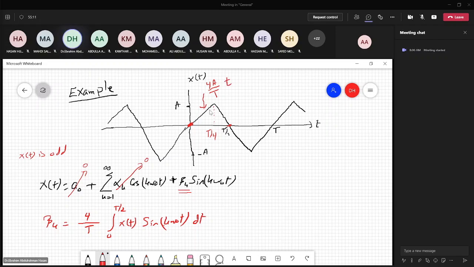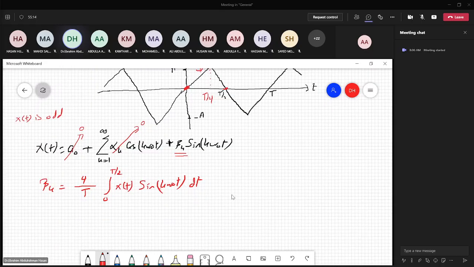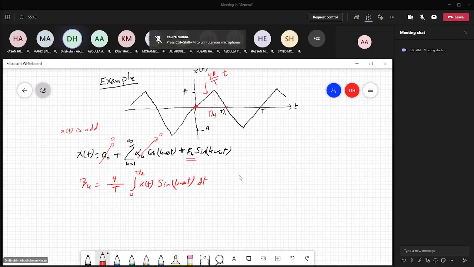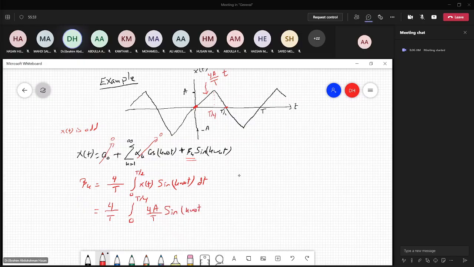Notice that these are just parts, so we need to split this into 2. So it is equal to 4 over T, integration from 0 to T over 4 of 4A divided by T t sine k omega naught t dt, plus integration from T over 4 to T over 2.